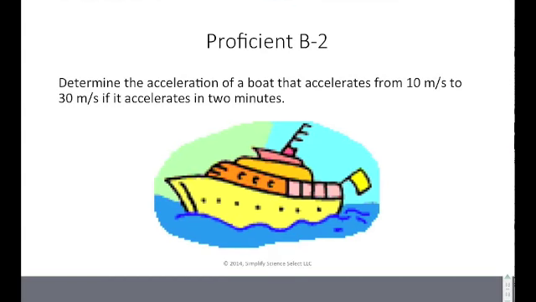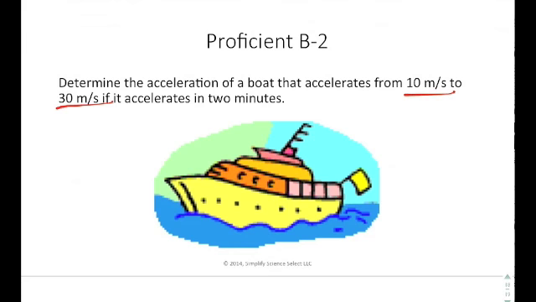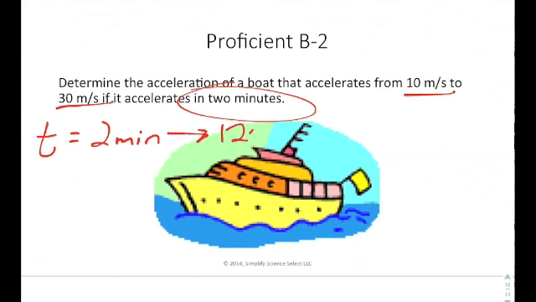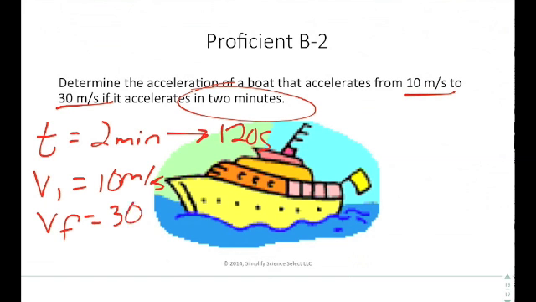Determine the acceleration of a boat that accelerates from 10 to 30 if it accelerates for 2 minutes. You have a time of 2 minutes, which you know is not going to work. We have to convert 2 minutes to 120 seconds. We have the initial velocity of 10 and a final velocity of 30, and we can solve for the acceleration.